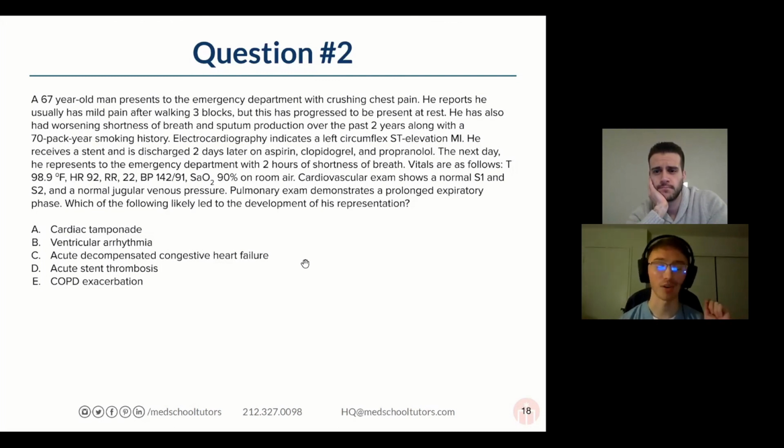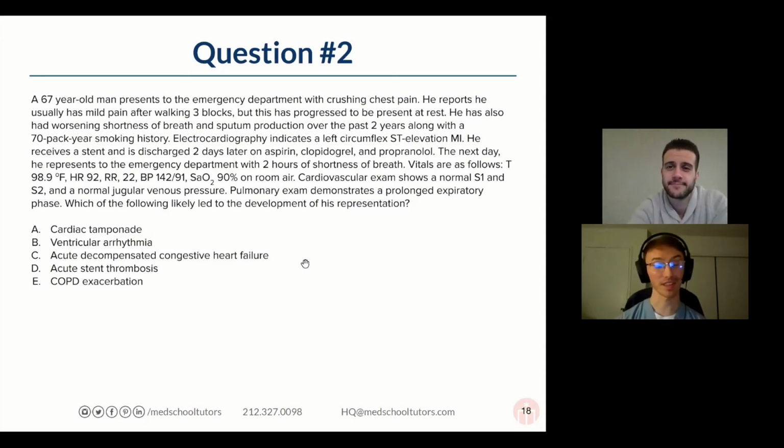I would say to my student, if you feel confident about it, you can pick it and move on. If you feel 100% based on the history and physical and all the information they're giving you that this is a COPD exacerbation, don't second guess yourself by looking at the other answer choices. If you are 100% certain, go with that feeling.